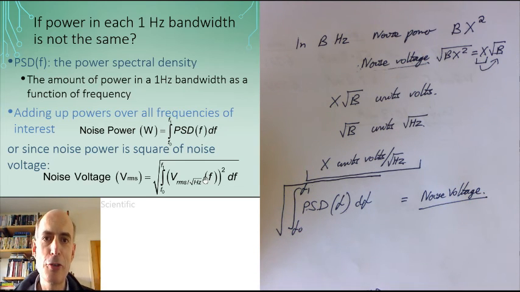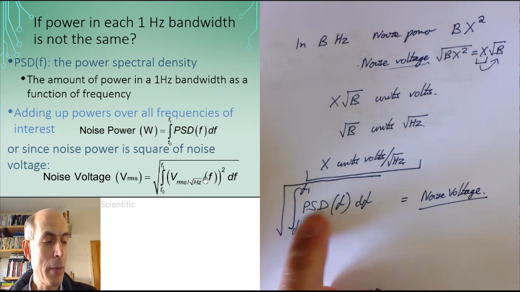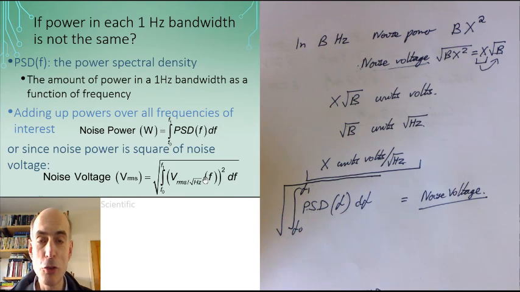It's not a calculation that we have to do very often. Most of the noise that we're going to come across in this course is going to be what we call white noise, which means that the power spectral density is a constant, it's not a function of frequency. And we can just multiply by the square root of the bandwidth, rather than having to do an integration.